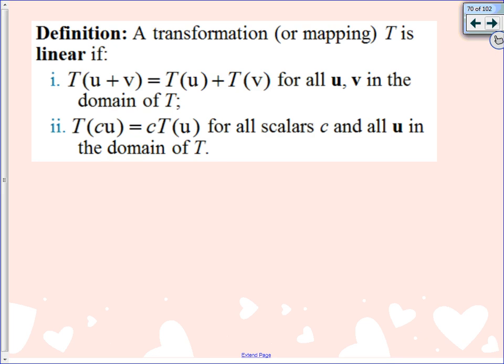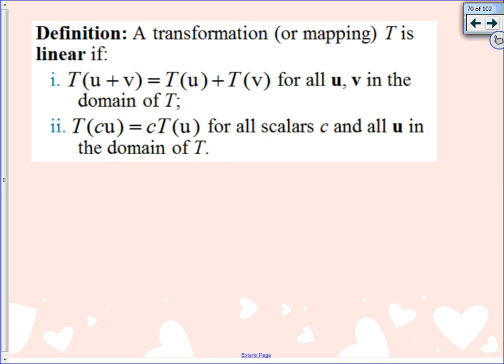In words, if you take the transformation of the sum of two vectors, it's going to turn out the same if you transform one vector and add it to the transformation of the other vector. So you can transform a sum of two vectors, or you can transform a vector, transform another vector, add them, and you'll still get the same thing.